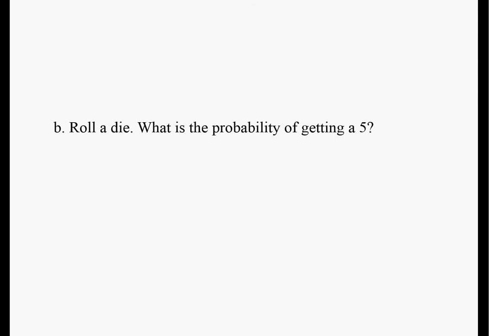B. Roll a die. What is the probability of getting a 5? Now, you write this statement of a probability correctly, such as this. Now, a die has 6 sides, 1, 2, 3 through 6.